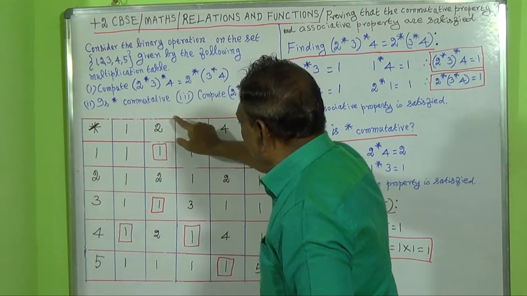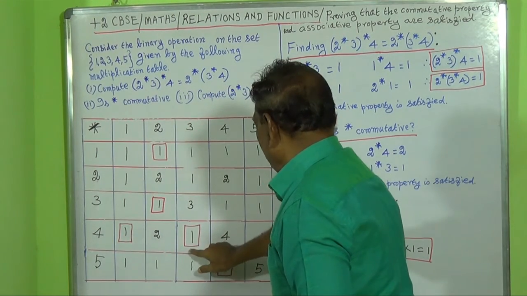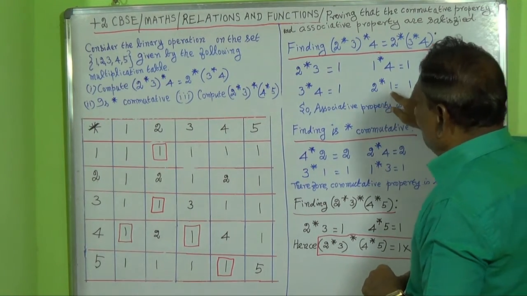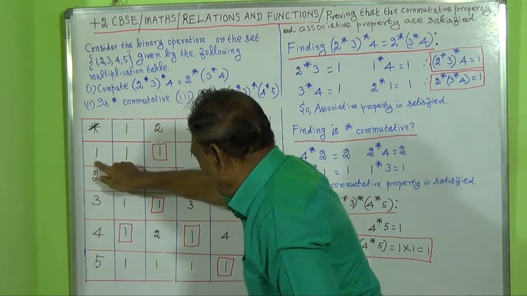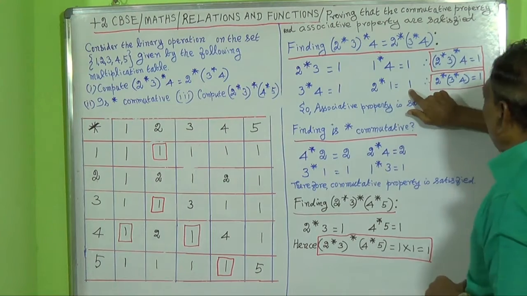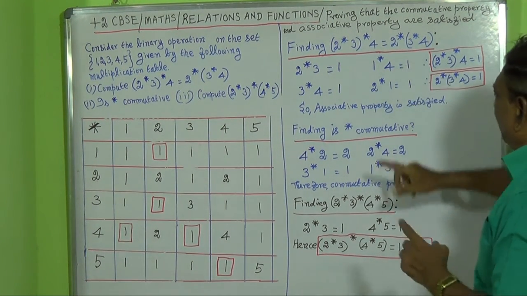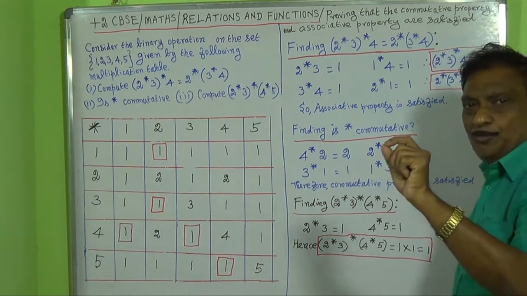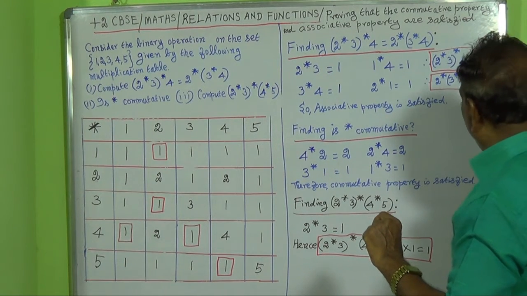When 3 is operated with 4, the result is 1. When 2 is operated with 1, we get 1. So the 1 is written here. In the case of the right side expression also, 2 * (3 * 4) is 1.